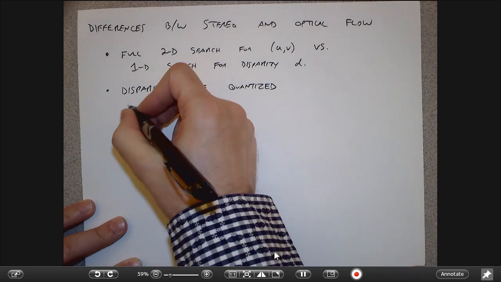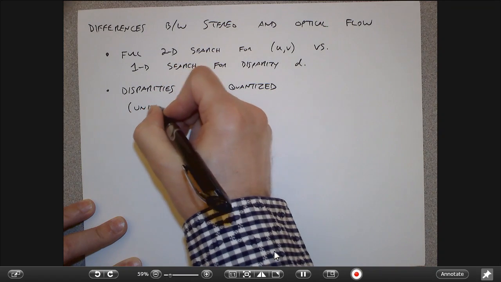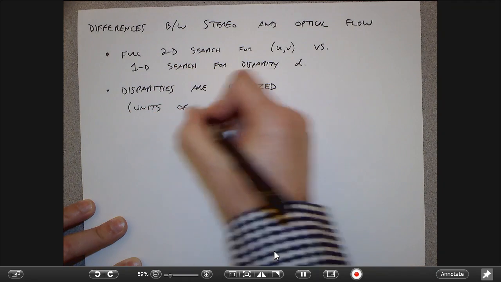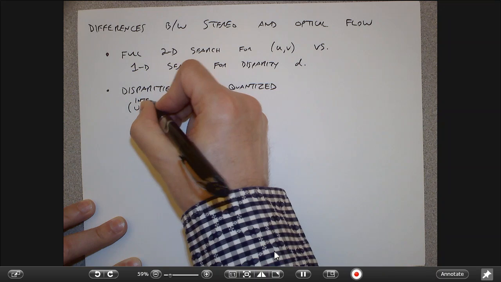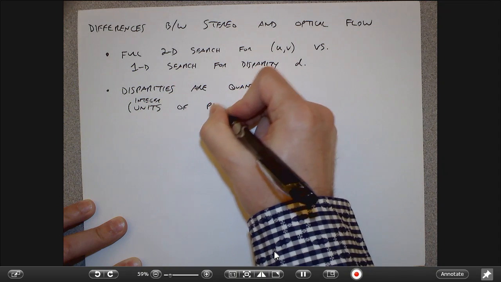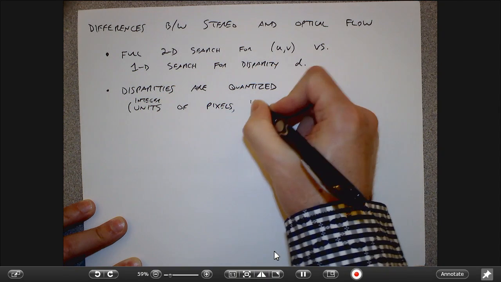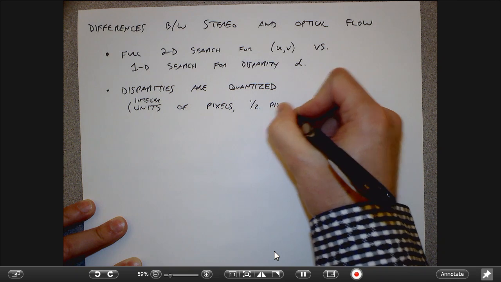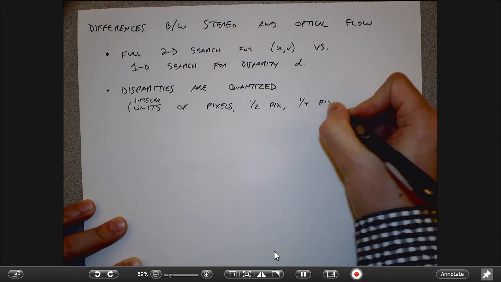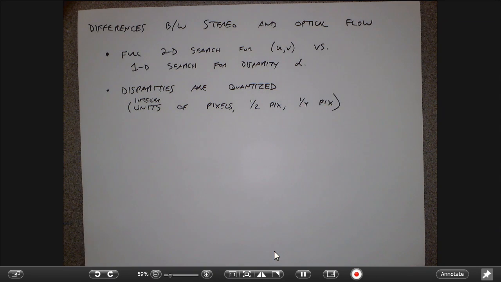What I mean by that is that usually we measure disparities in integer units of pixels, or if we really wanted to, we could do half pixels or quarter pixels. But the point is that we're not going to measure the disparity as being 3.892 pixels.